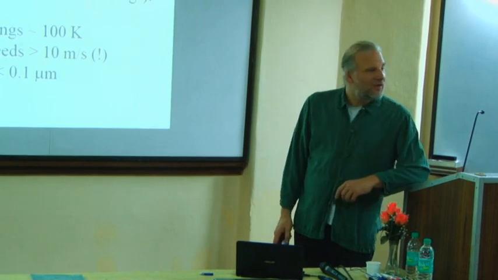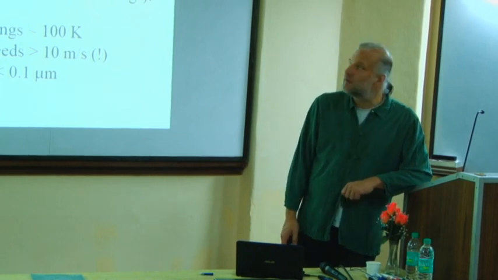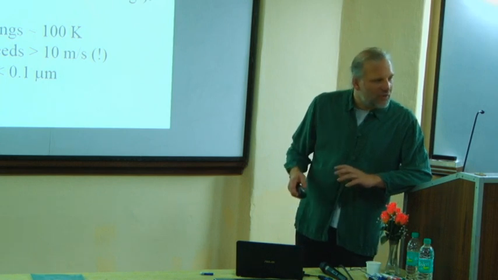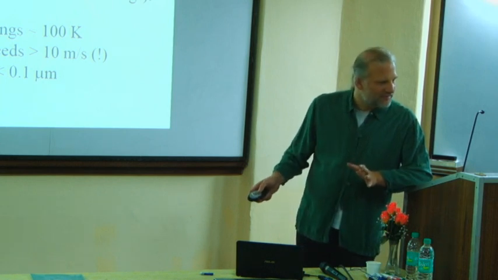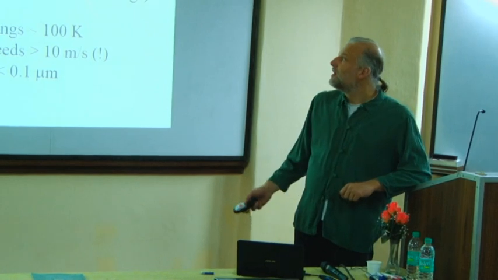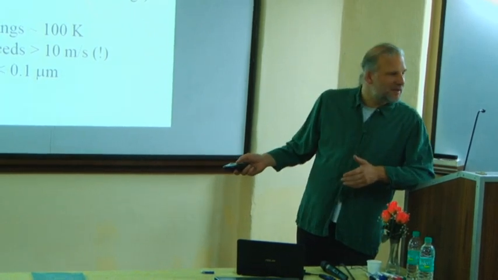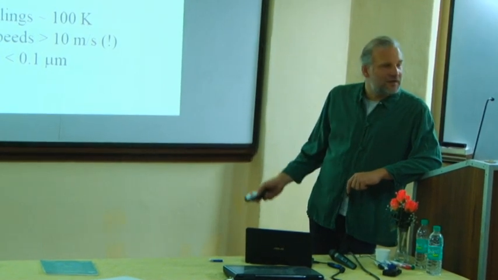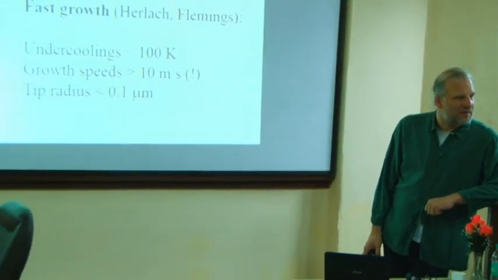So for a theorist, this is as close as you can get to the growth of an isolated crystal in a homogeneous undercooled melt. Okay? So this is a pure substance. And why can you see these pictures? It's because it's a transparent substance.